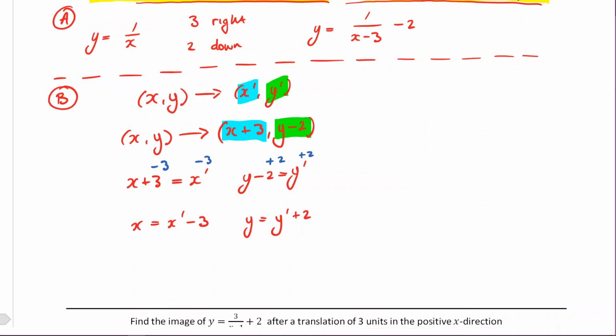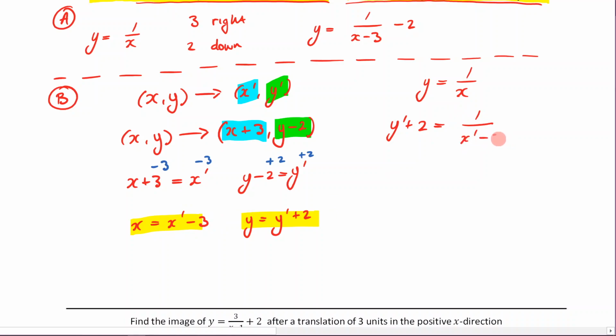Now these two equations that we just found are very important because now I'm going to substitute them into my original graph. Now we know that the original graph was y equals 1 over x. I'm now going to sub these into this. So y, well, I know that y is equal to this. So into the y spot I put y dash plus 2 equals 1 over, into the x dash I put x dash minus 3.